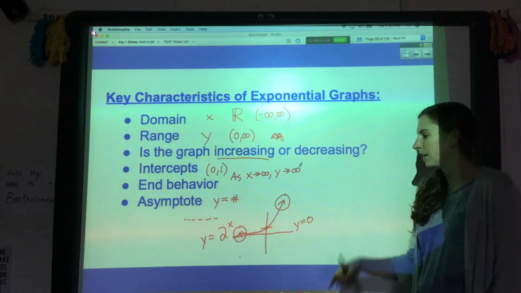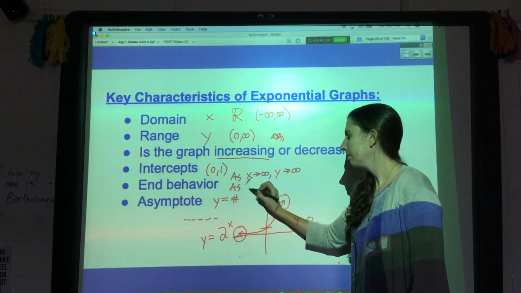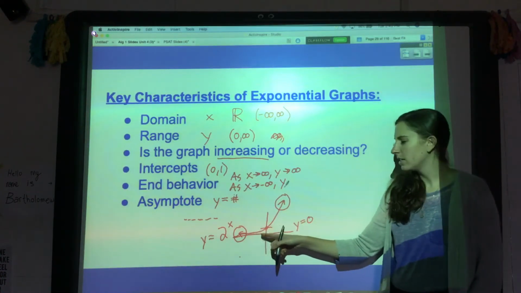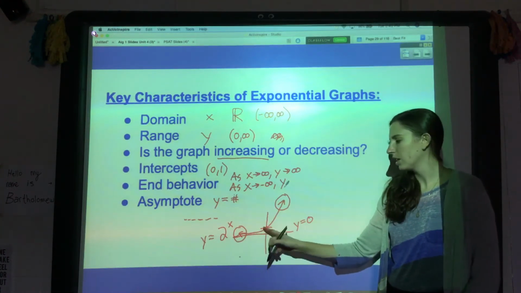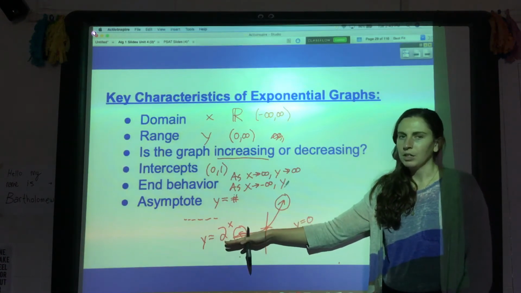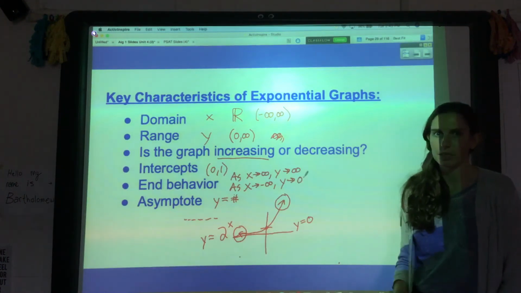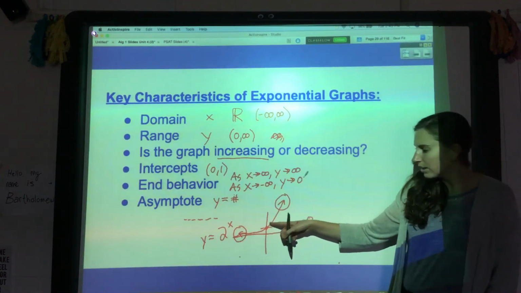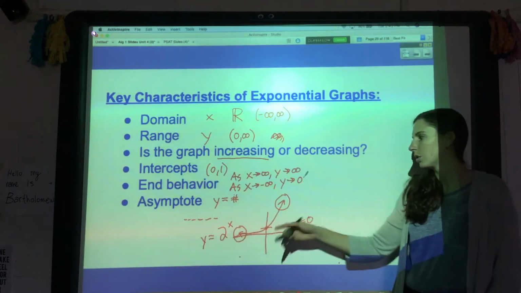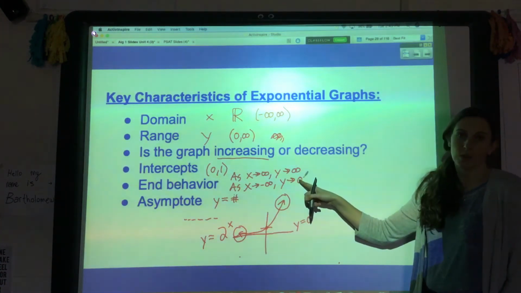For the left side of the graph, as x approaches negative infinity, y is getting smaller, but it's not approaching negative infinity because it's not going down. It's steadying out right there at 0. So it's approaching 0. That's why we say approaching, not that it's going to be 0. It's approaching the value 0 because it's not going up and it's not going down. It's always going to match up with the asymptote. If the asymptote is 0, the end is going to be approaching 0.